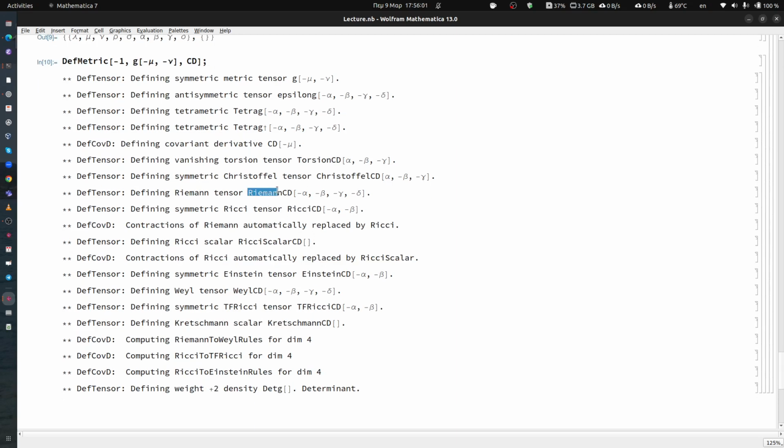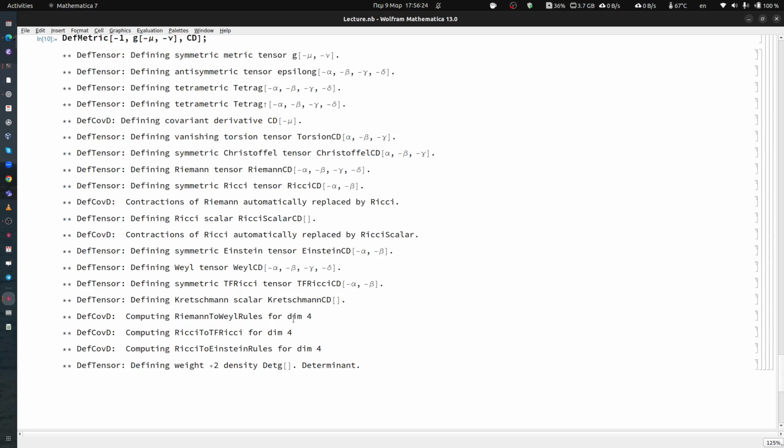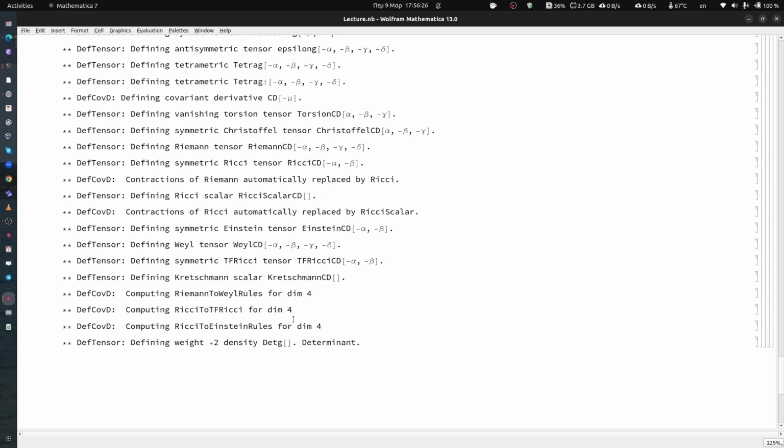Here you can guess that this is the Riemann tensor associated with the affine connection of the covariant derivative CD, Ricci CD, the Ricci tensor, the Ricci scalar, Einstein tensor, the Weyl tensor, TFRicci means trace-free Ricci, and other things that we will soon see.